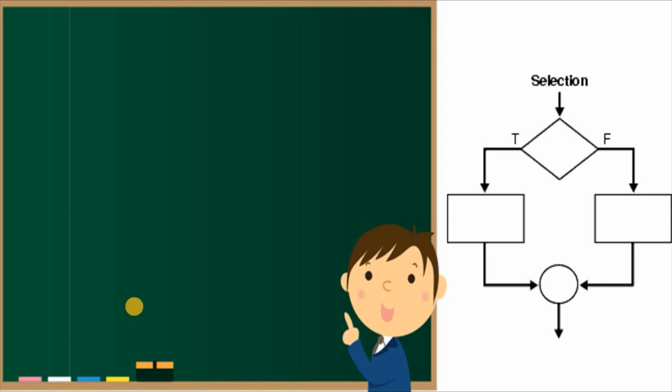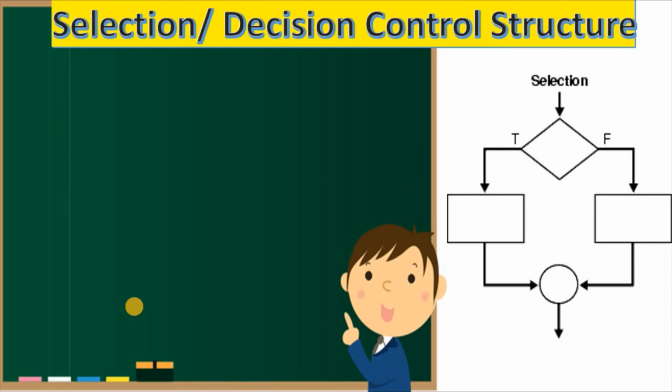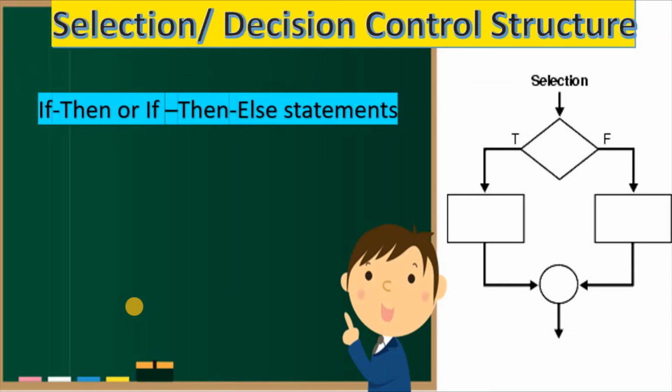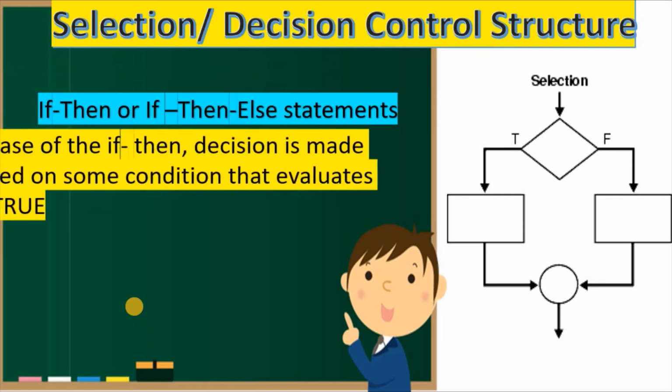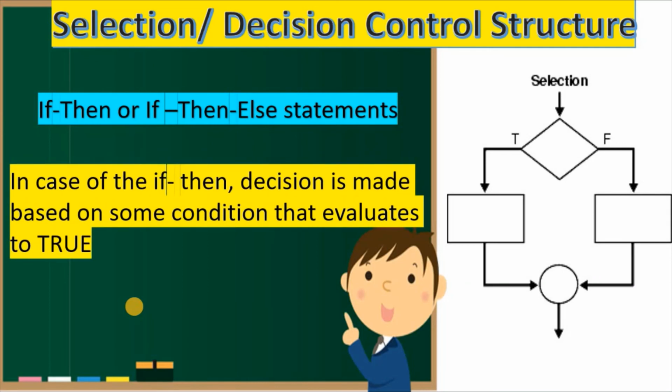The third one is the selection or the decision control structure. Now for this, we have the key terms that we will be looking at, which are the if then or if then else statements, right? So this is used to make a decision between two or more things, right?